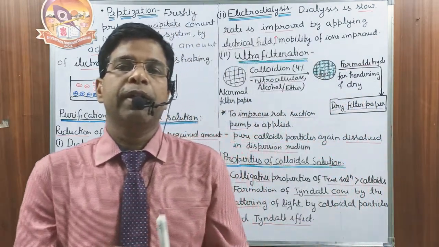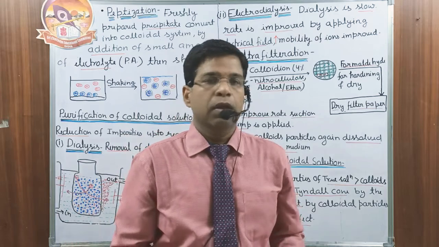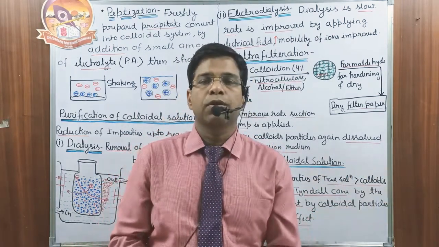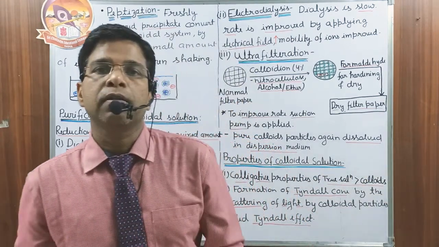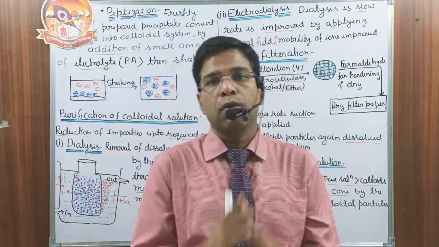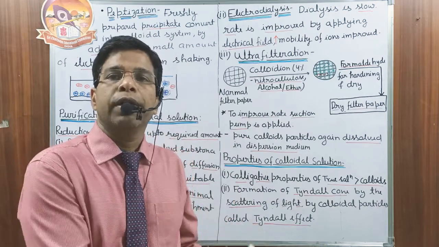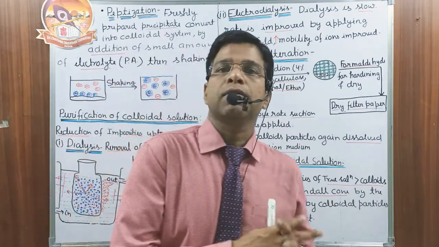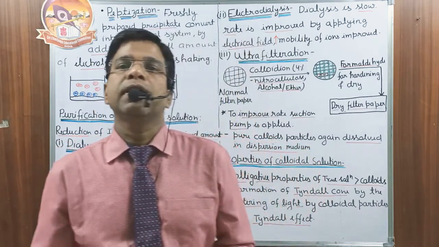Colligative property depends upon the number of particles. The number of particles is more in the true solution and less in the colloidal solution. That is why the colligative property of the true solution is always more than that of the colloidal solution.